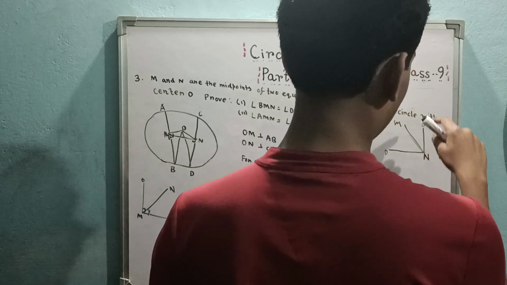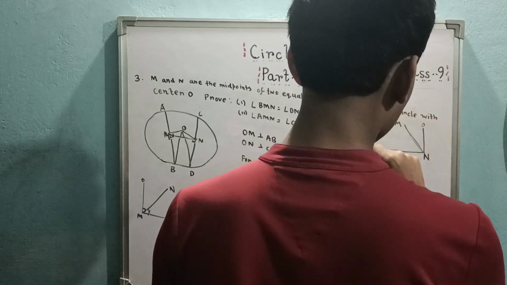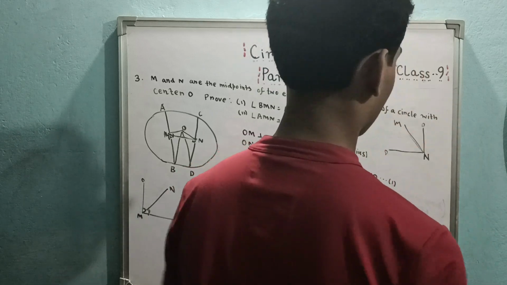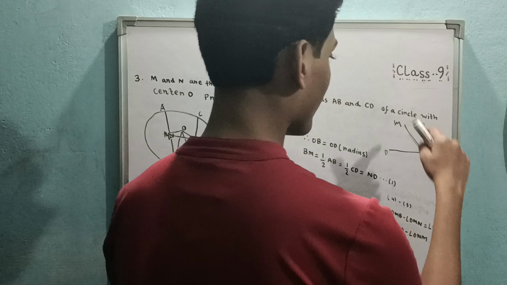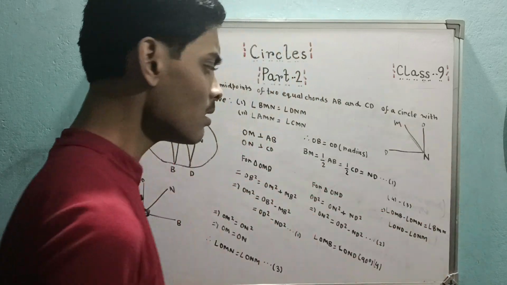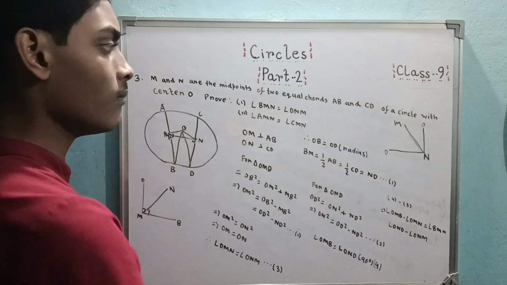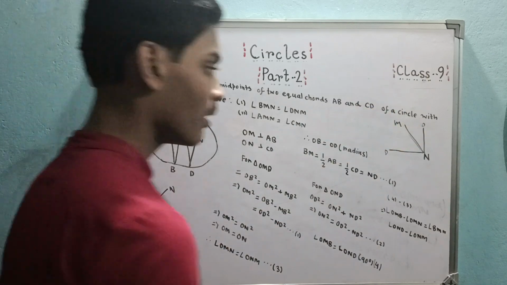Then from angle OND, you remove angle ONM. What do you have? Angle DNM remaining. Yes. So OND minus ONM is angle DNM.